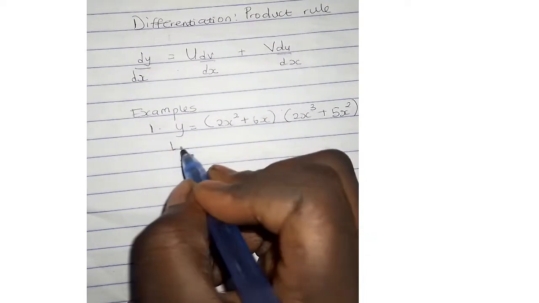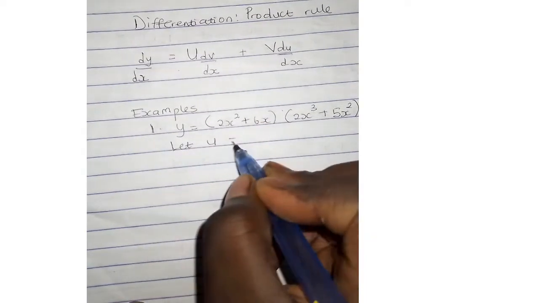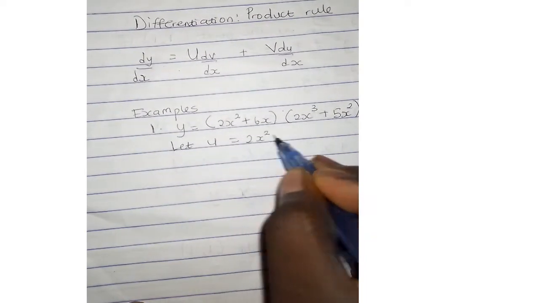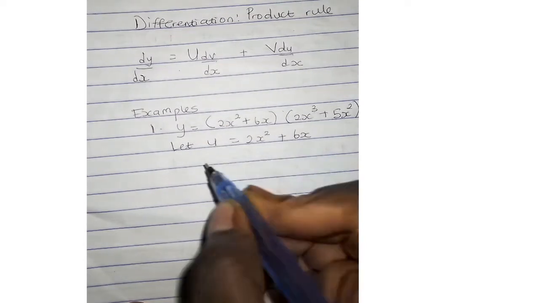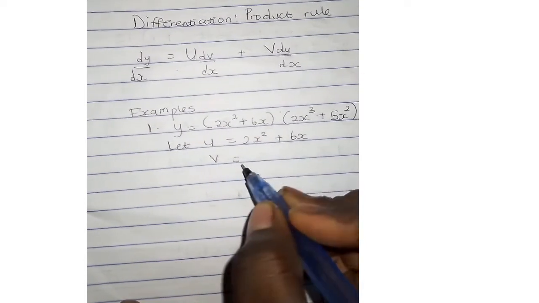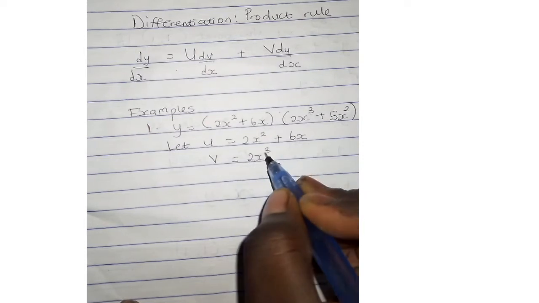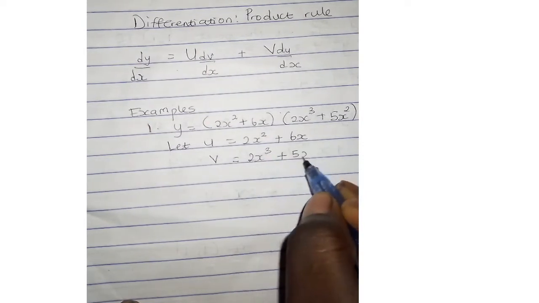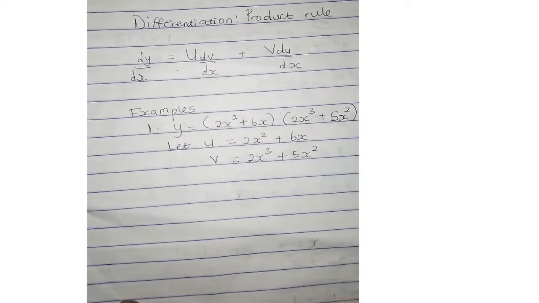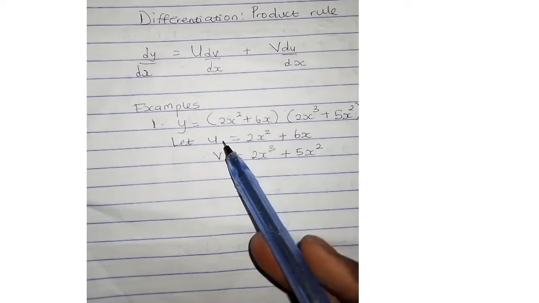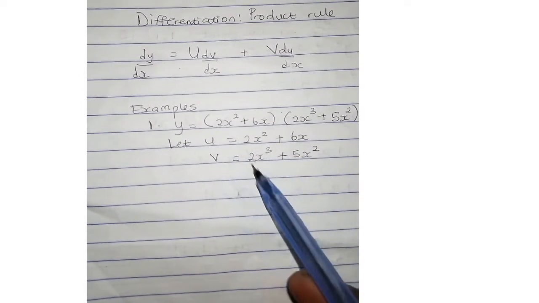So we say let u be equal to 2x squared plus 6x, and let v be equal to 2x cubed plus 5x squared. So we're going to differentiate u with respect to x and v with respect to x.